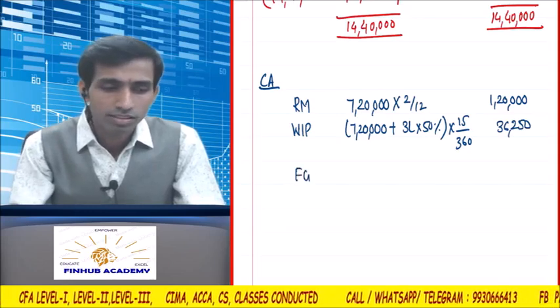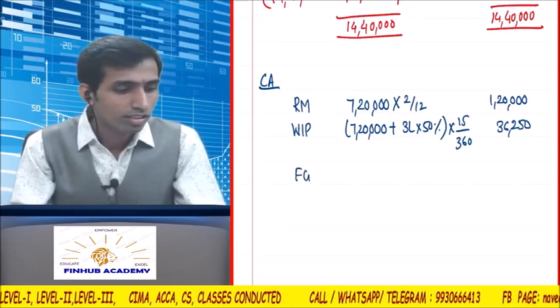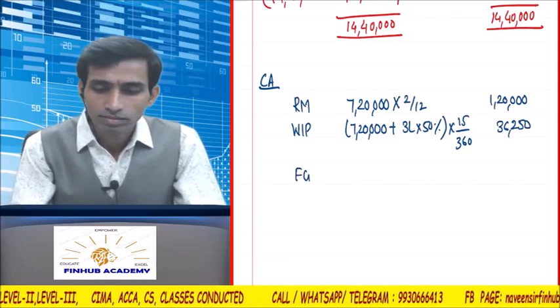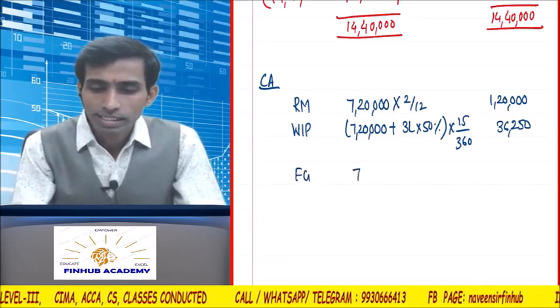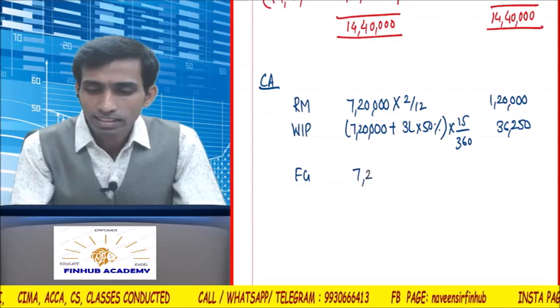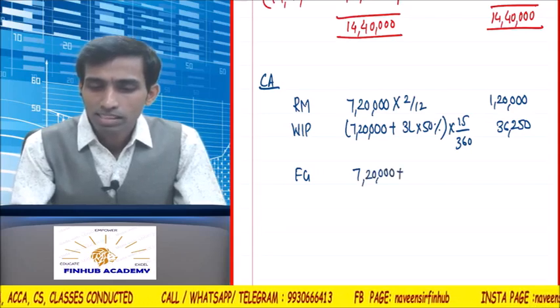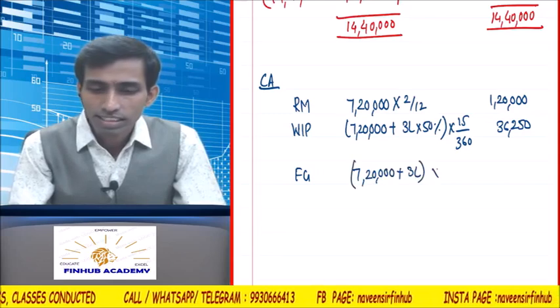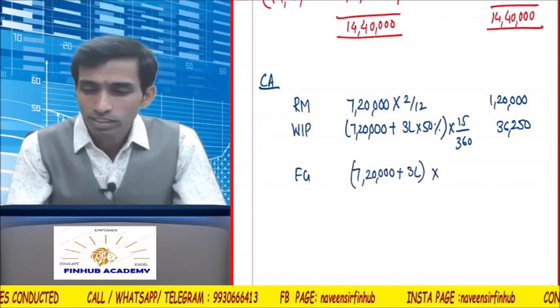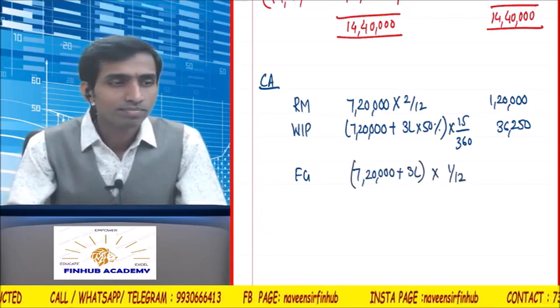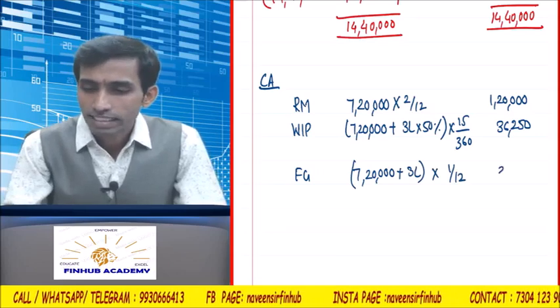Finished goods. 7 lakh 20,000 plus 3 lakh means 10 lakh 20,000, into period 1 by 12. Answer 85,000.